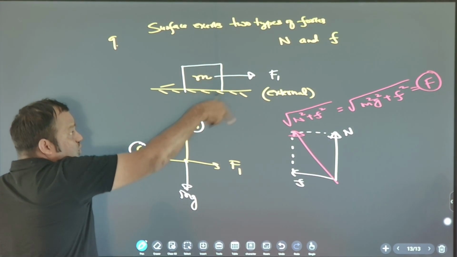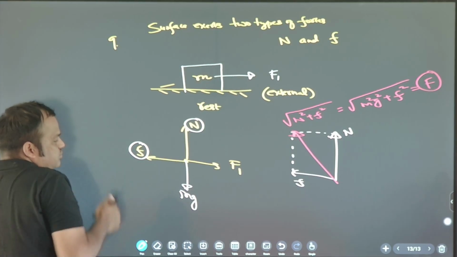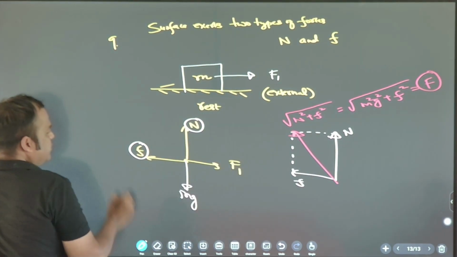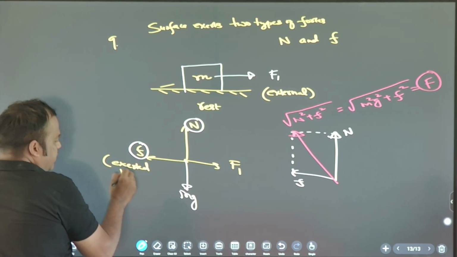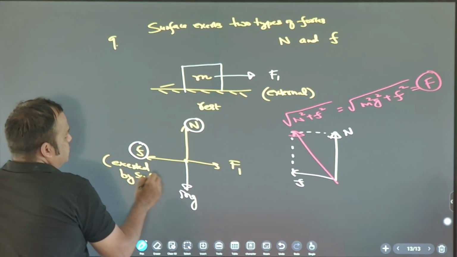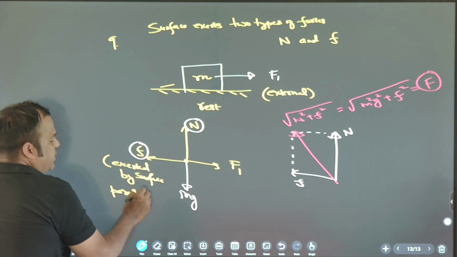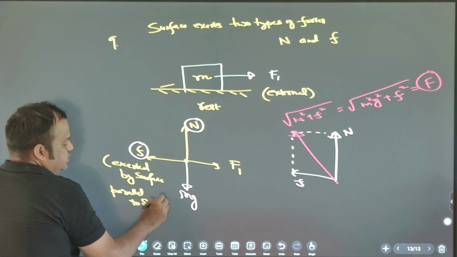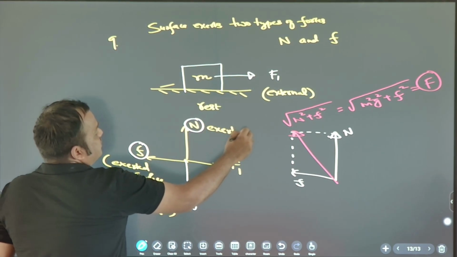On the body, two forces are there. Normal and friction. Friction is exerted by surface, parallel to surface. And normal is exerted by surface perpendicular to surface.